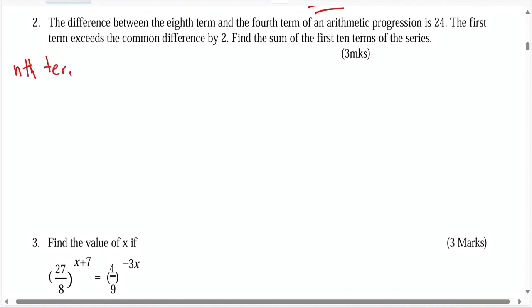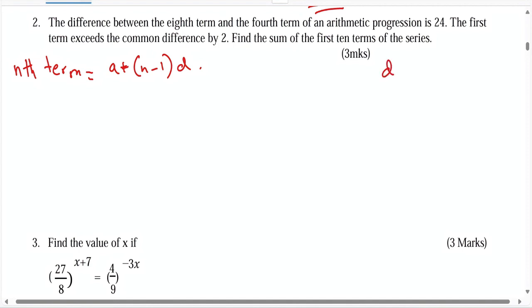So, our nth term in this question is given by this formula, a plus n minus 1 times d. So for example, here in this question, you've been told to find the difference between the 8th term and the 4th term, right? But now, listen up. Umeambiwa the first term exceeds the common difference by 2.